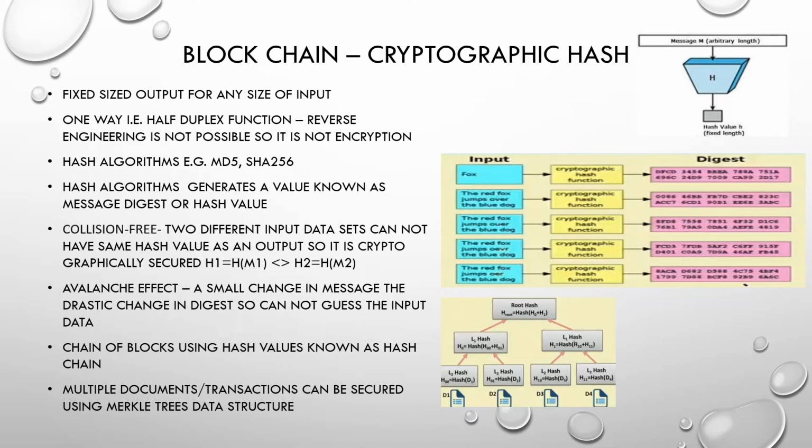To understand, please refer to the top right diagram where the message is M, having arbitrary length. It may have a single character or multiple characters. And there is a hashing algorithm. H is like a grinder.